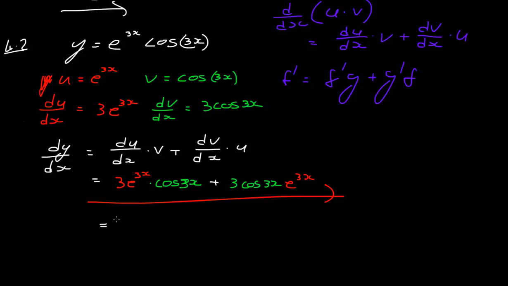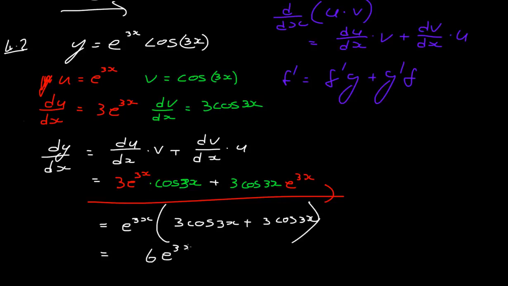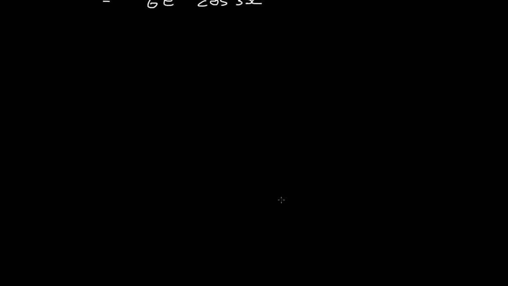Okay, we could write it as, we take out an e to the 3x and we write it as 3 cos 3x plus 3 cos 3x. This one actually simplifies quite nicely because it becomes 6e to the 3x cos 3x. Okay, so that's question 4.2. Let's move on to question 4.3.